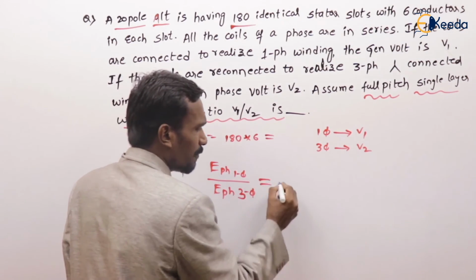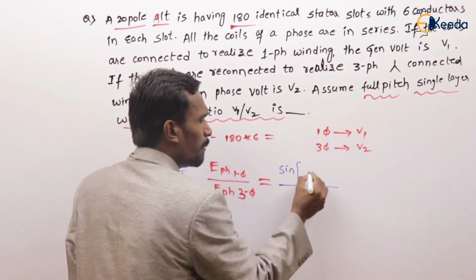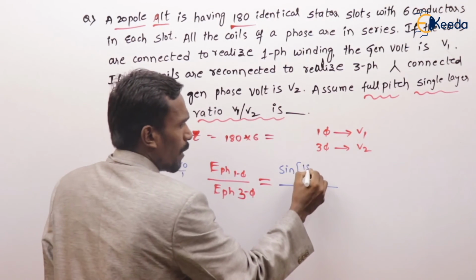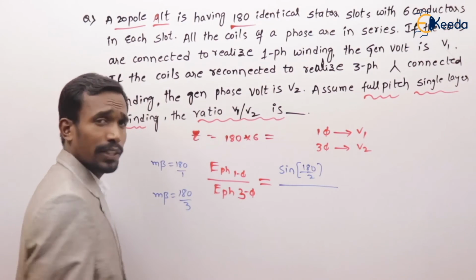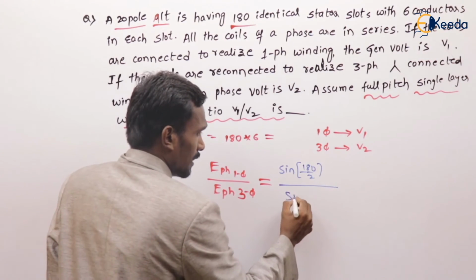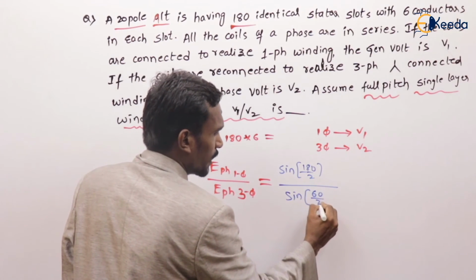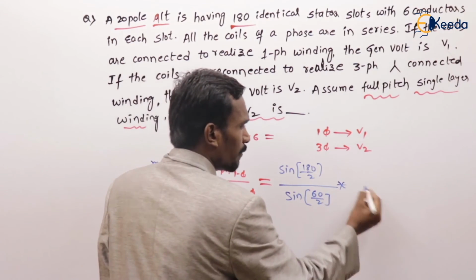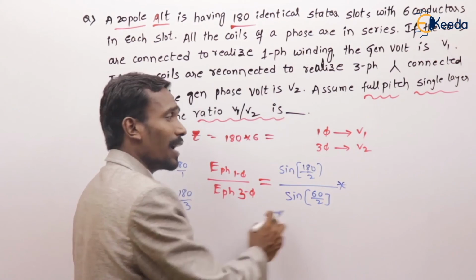So, what is the formula for this? Sin m beta by 2. What is m beta? 180 by 2. Sin 180 by 2 divided by sin m beta by 2, sin 60 by 2, multiplied with its m beta.